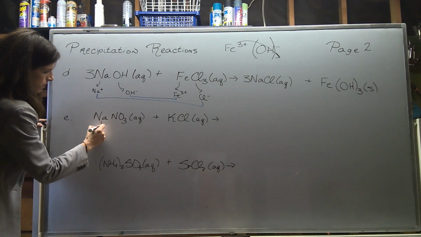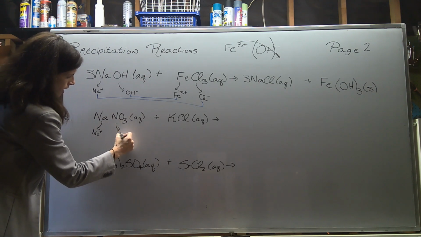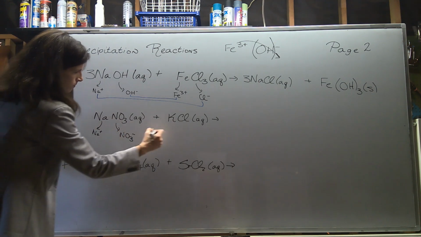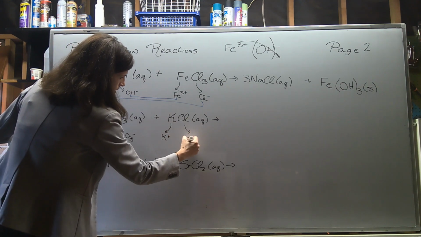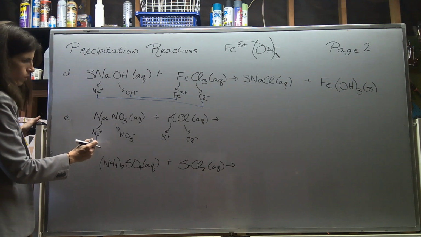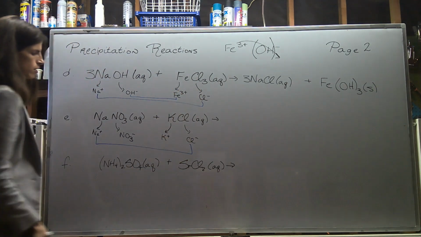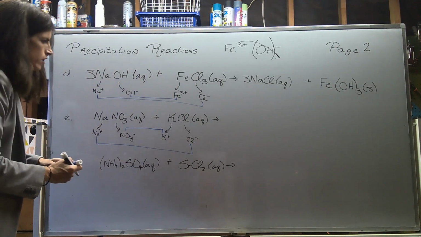Next one, Na+, and you have nitrate, NO3-, K+, and Cl-. So when these do-si-do, we're going to have sodium chloride again, just like in the previous one. And we're going to have potassium hooking up with nitrate.